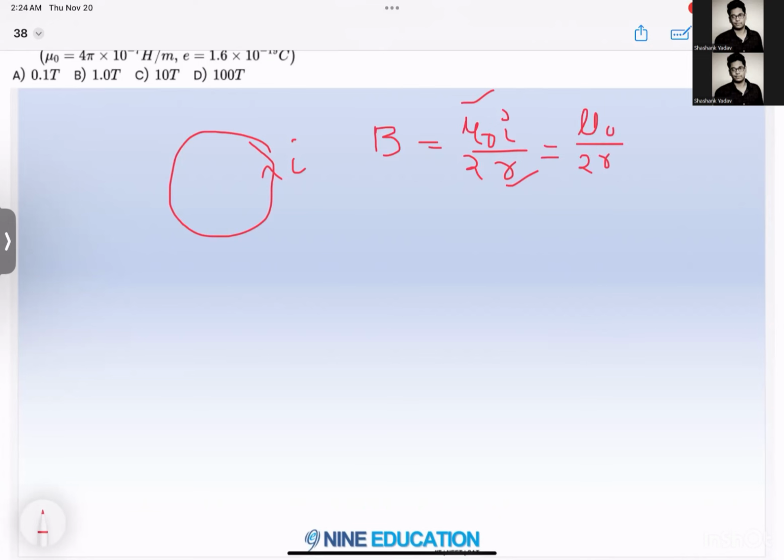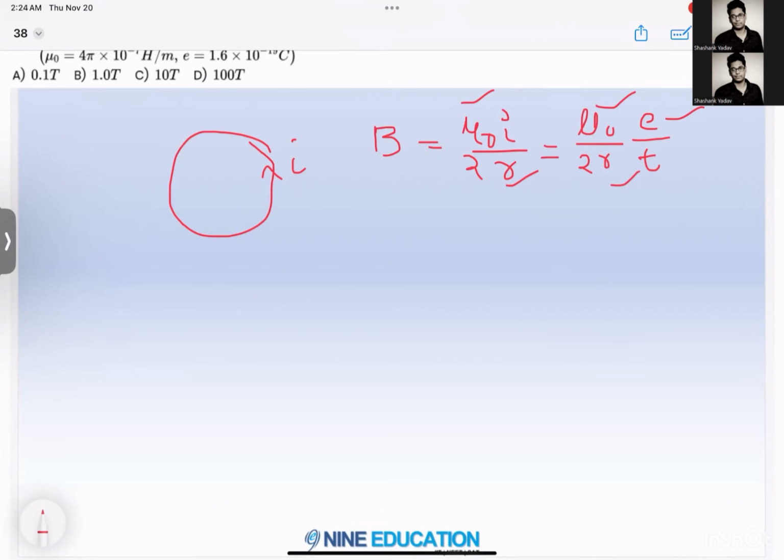So if I find out the electron charge divided by the time taken for the electron for one full circle, then I will know the total magnetic field. Now we know all of these values. We have to find out the time taken for one full circuit. That is nothing but time period.